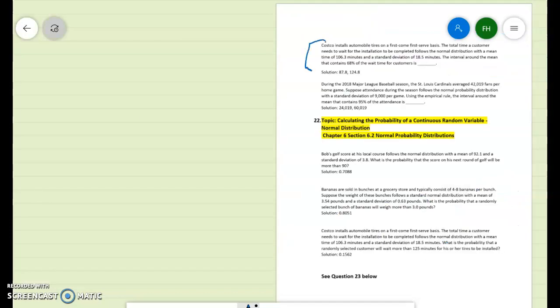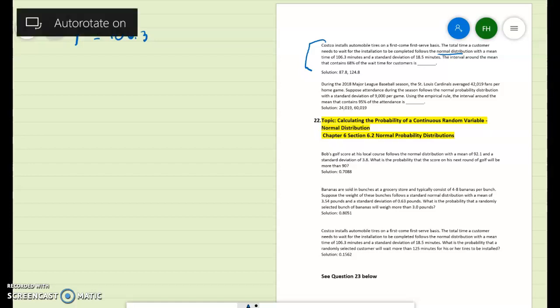Okay, on question 21, part 2, Costco. It says it installs tires. The total time a customer needs to wait to be completed follows a normal distribution, which is important, with a mean time of 106.3 and a standard deviation of 18.5.